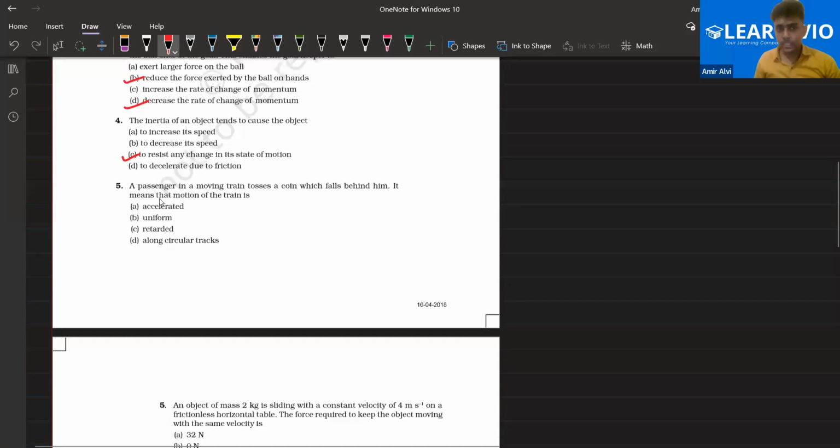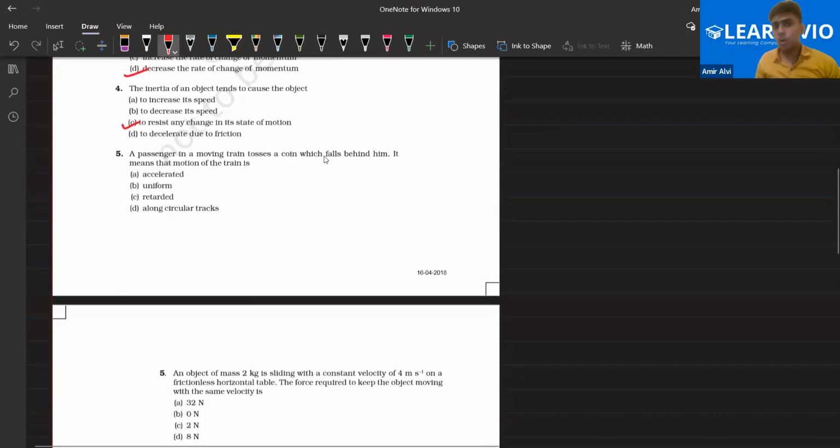Next one. A passenger in a moving train tosses a coin which falls behind him. It means that the motion of the train is... ठीक है अरहान, Anam, Bharti, Sara, Saad, Heather. Okay, ठीक है.